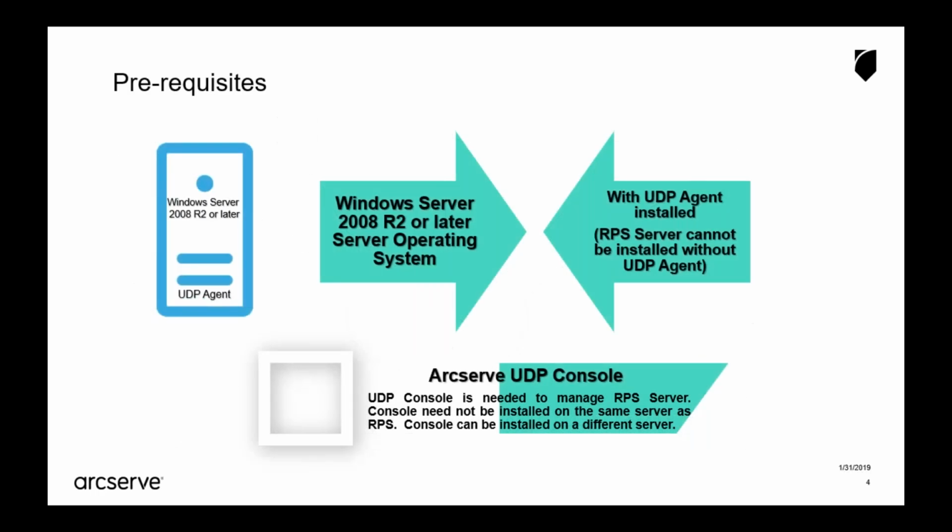The prerequisite for the RPS server is any server which is 2008 R2 or above, and it is good to have the RPS server installed on a physical server. The RPS is a small component which comes along with the agent. So without an agent, you cannot have an RPS installed on that machine. And the RPS server is managed by the UDP console.